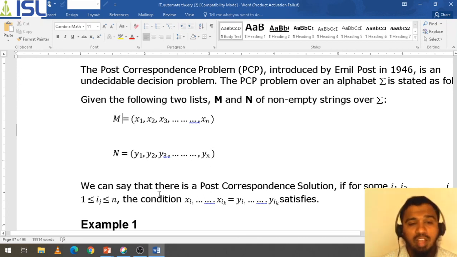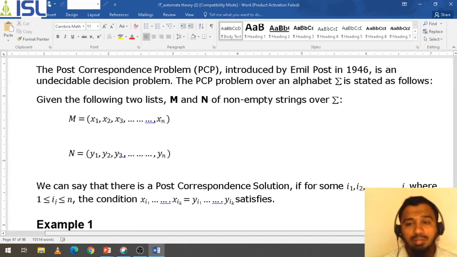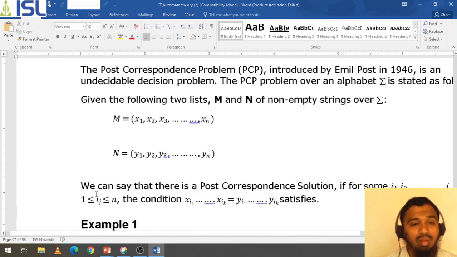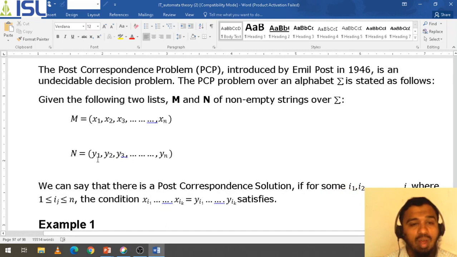So we can say that there is a Post Correspondence solution if for some i1, i2 and so on till ik, where 1 less than or equal to ij less than or equal to n, the condition x_i1 ... x_ik is equal to y_i1 ... y_ik is satisfied.